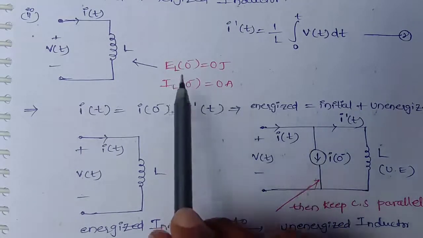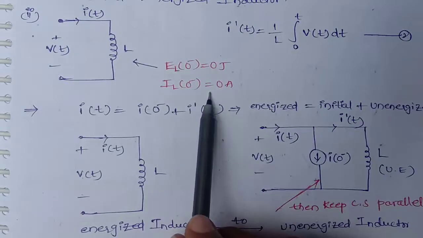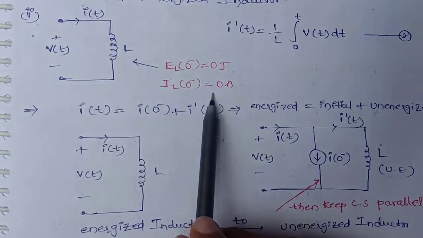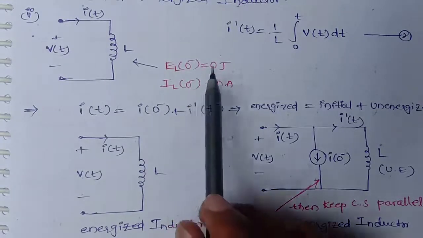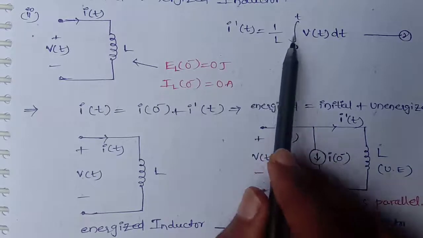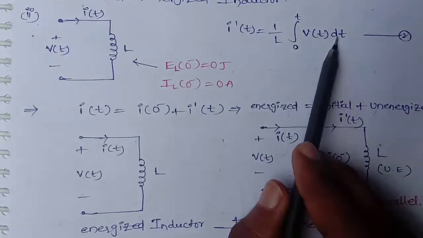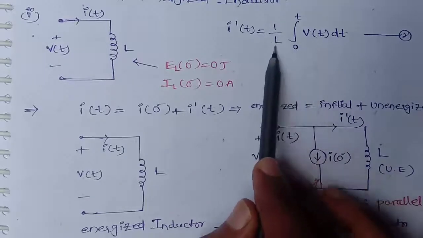It has zero initial energy and zero initial current. That means the initial current becomes 0. We get the current expression as i'(t) = 1/L integration from 0 to t of v(t) dt. This is the expression for the unenergized inductor.